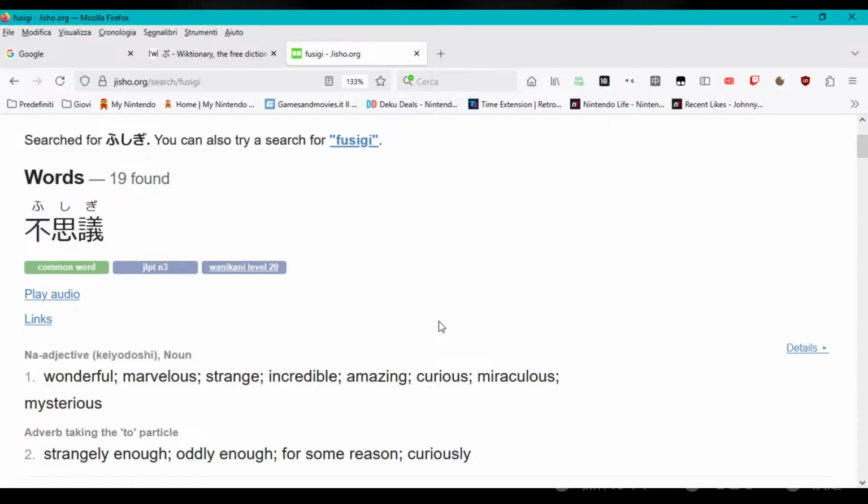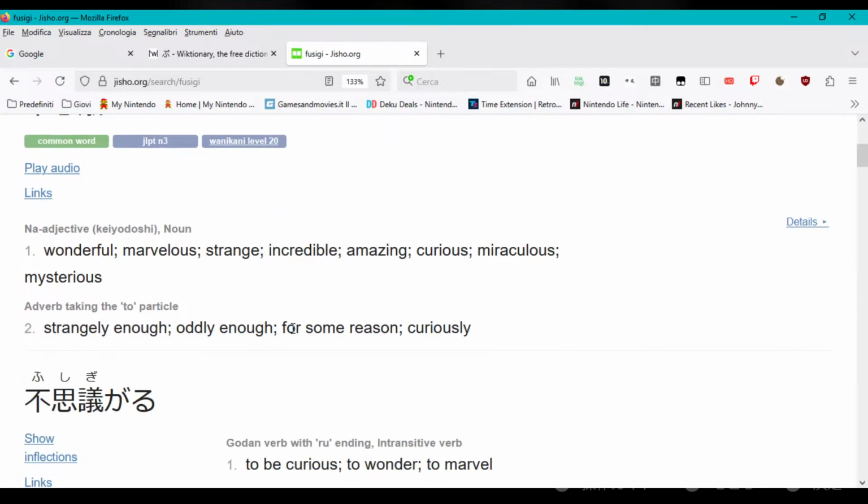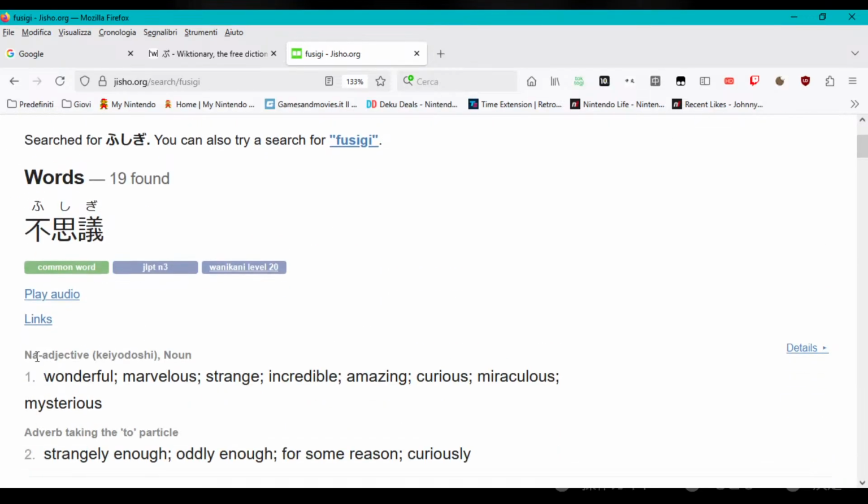But unlike other nouns, when you want to say something is strange, we have to add na.